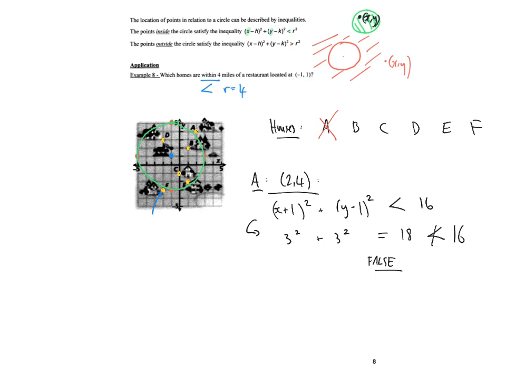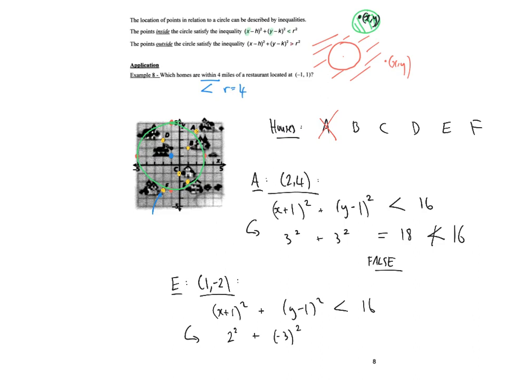Let's do one more test together. So let's, I don't know, try E. E has coordinates 1, -2. We're trying to verify, is x plus 1 all squared plus y minus 1 squared strictly less than 16 for that point? Well, when we substitute in, we get 2 squared plus -3 squared.